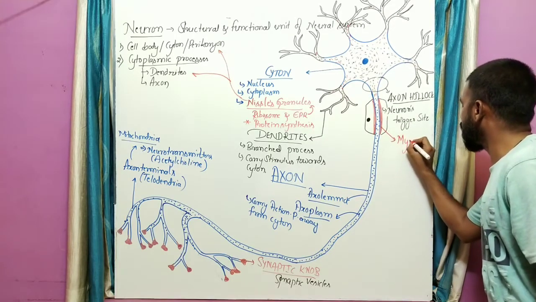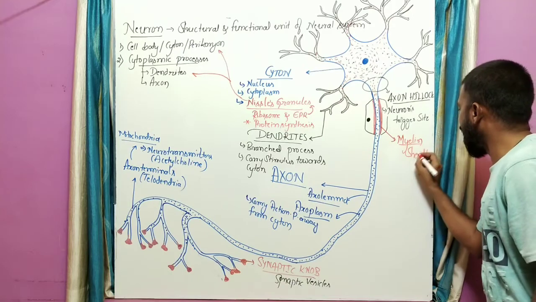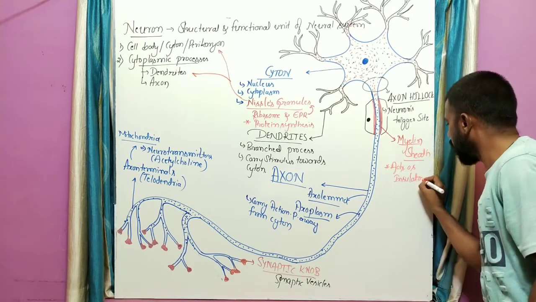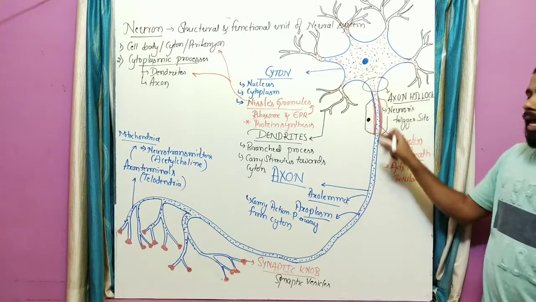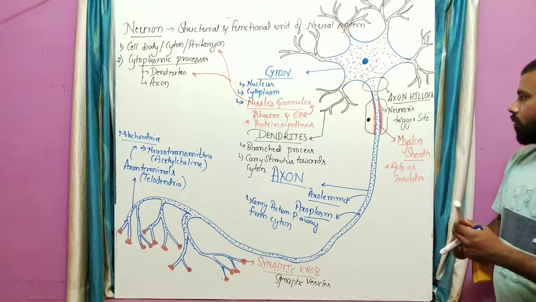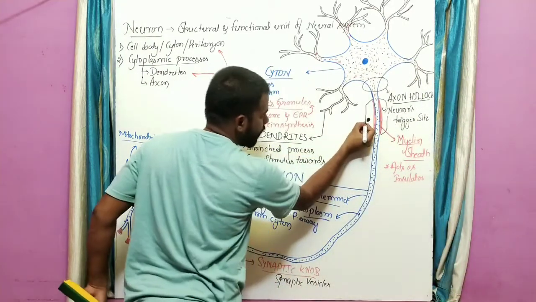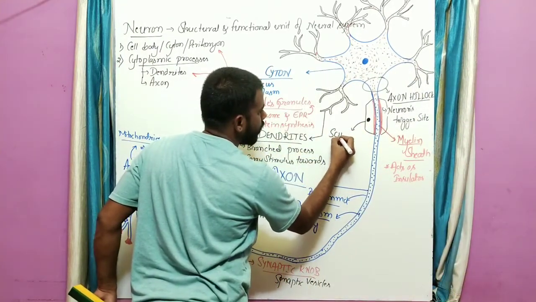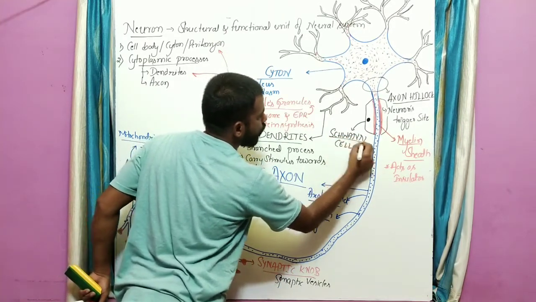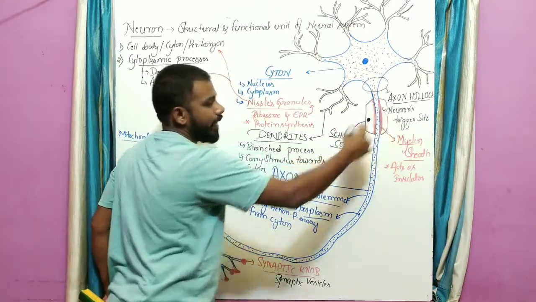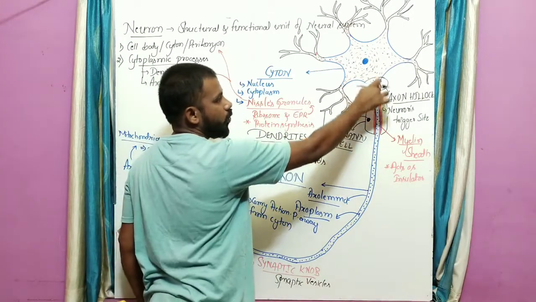This myelin sheath acts as an insulator, which prevents the leakage of ions during conduction of the action potential. And this one is the Schwann cell. This Schwann cell secretes the myelin sheath, but this is the nucleus of the Schwann cell, not the nucleus of the neuron.